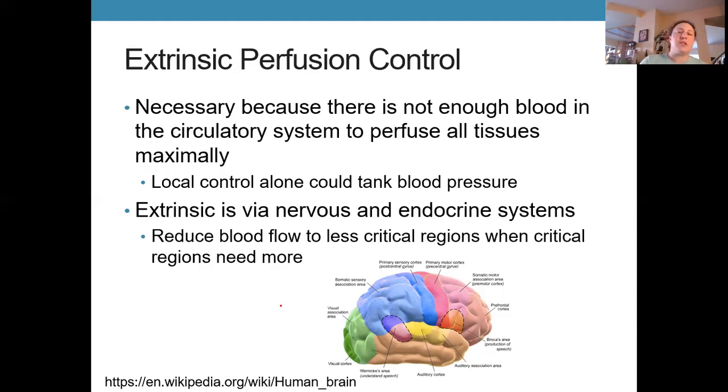So the extrinsic perfusion controls are how the nervous system and the endocrine system make sure that the critical regions of your body always get enough blood flow, even if the less critical regions are demanding more blood than you have to spare.